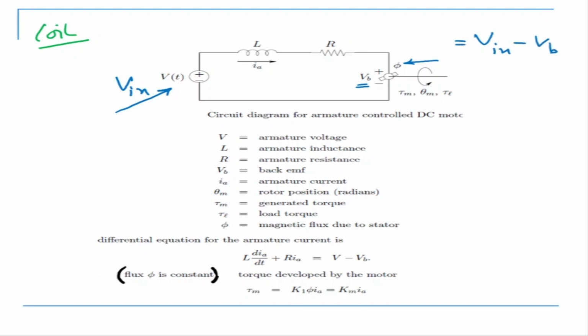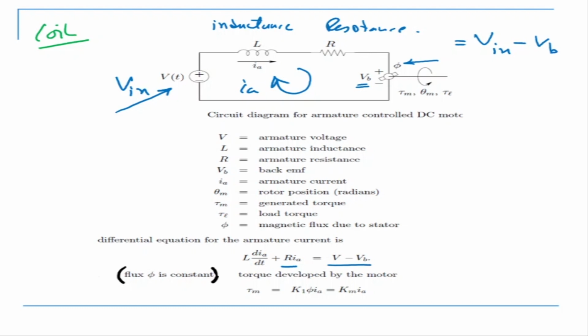In the armature there are coils, right? So there's an inductance and a resistance in the coil, and there is a current flowing, which is Ia. If I use Kirchhoff's law, what we get is L di by dt plus R of Ia is equal to V minus VB.